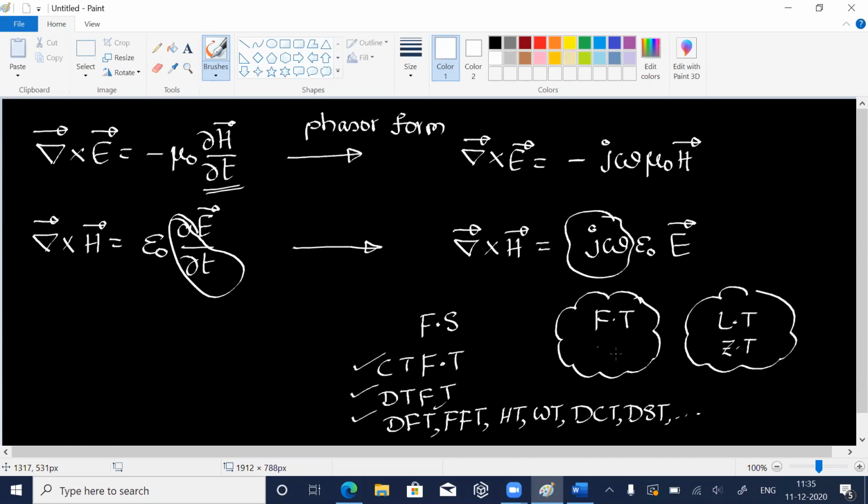Then why do we do all these things? You have a system. To analyze this system, from the analysis point of view, I require Fourier techniques. And for the design point of view, I require Laplace and Z transforms.